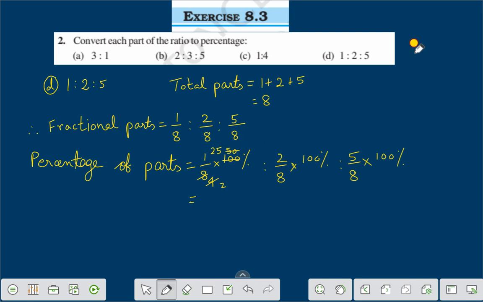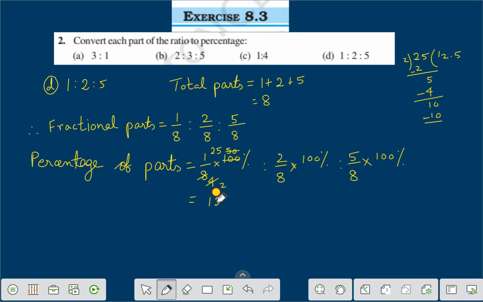If we divide 25 by 2, we are getting 2 1s are 2, 5, 2 2s are 4, 5 minus 4 is 1, 0, 2 5s are 10. Then we are getting 12.5%.